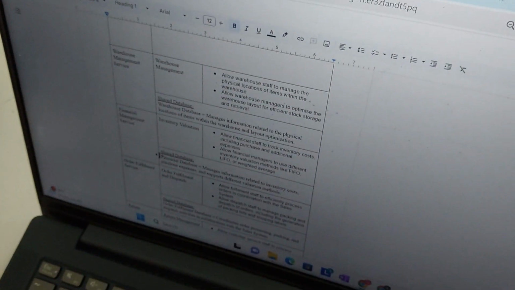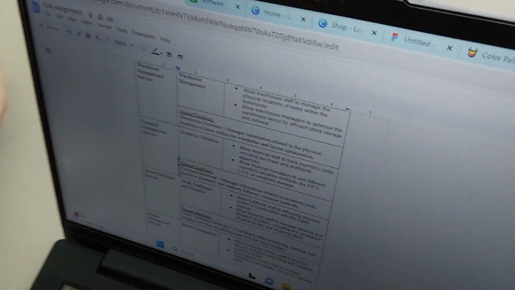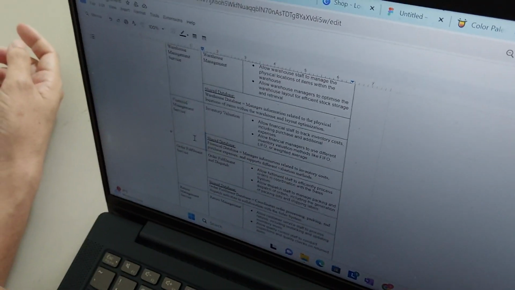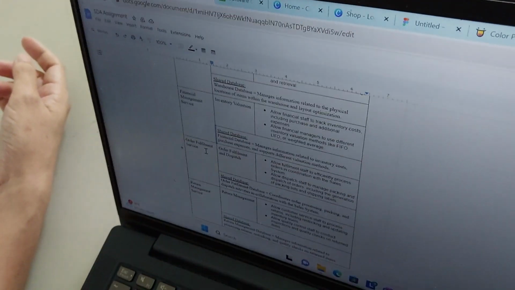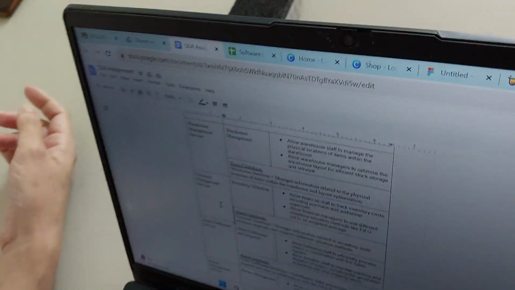Not inventory. Inventory is stock, right? This is the stock management service. We think that the warehouse is maybe to store the stock. But the inventory is separate.